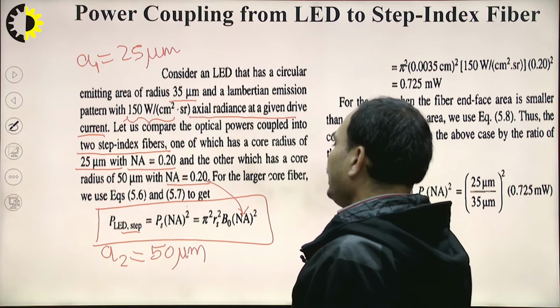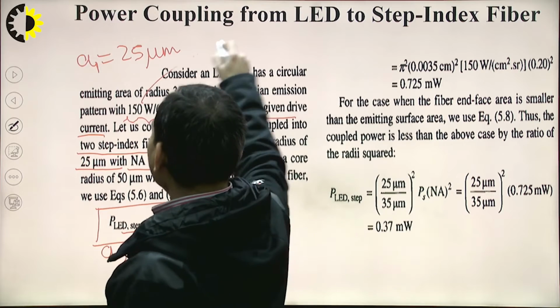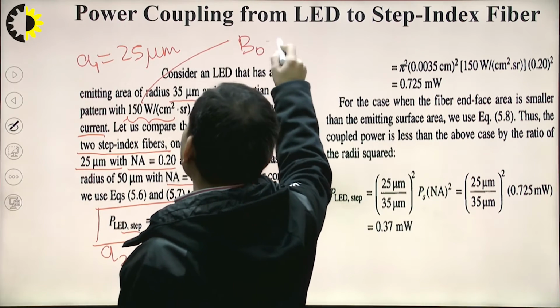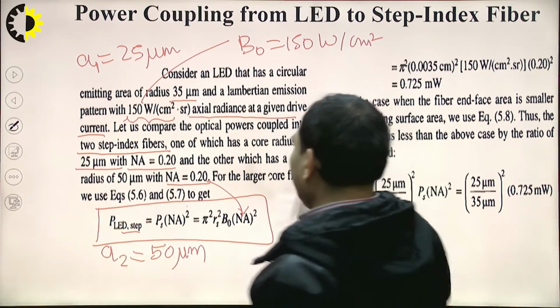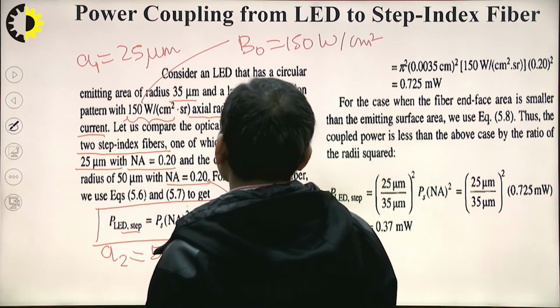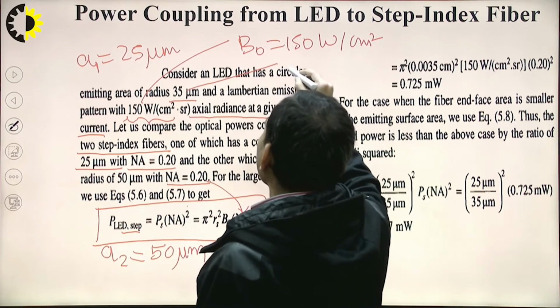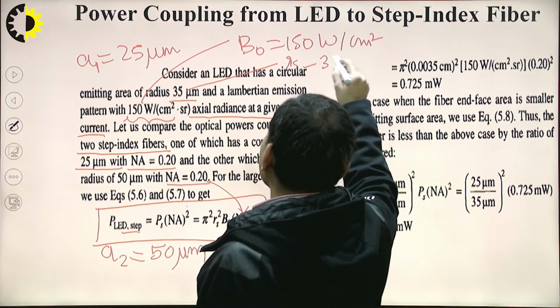We have the value of the brightness B naught, that is 150 watts per square centimeter, and the value of rs is 35 micrometers, which is the emitting area.